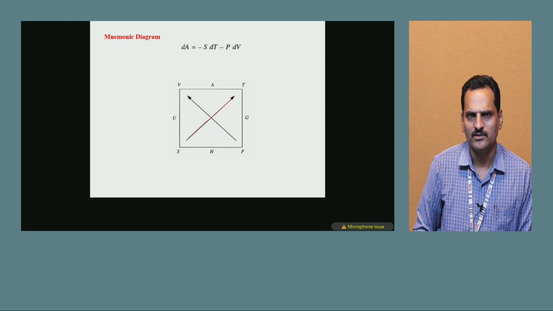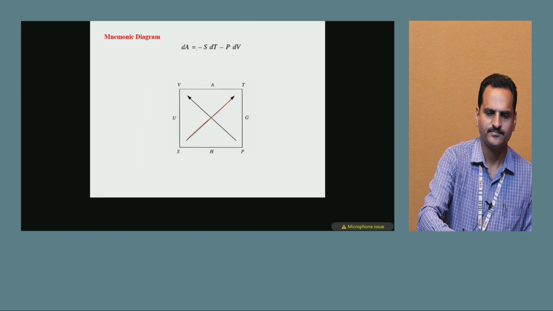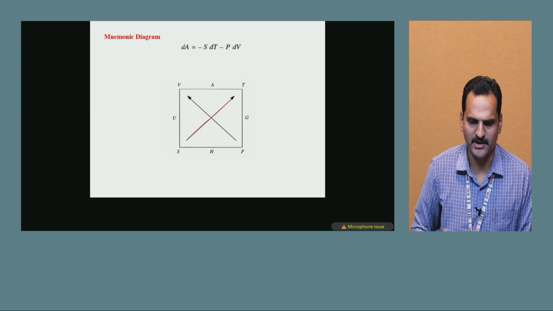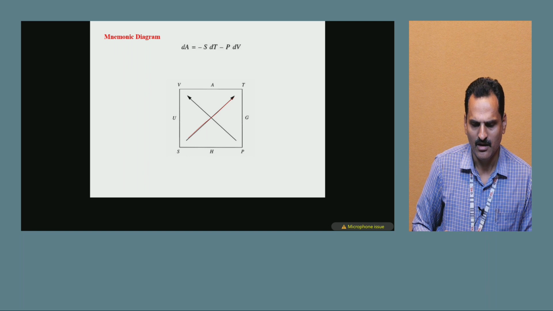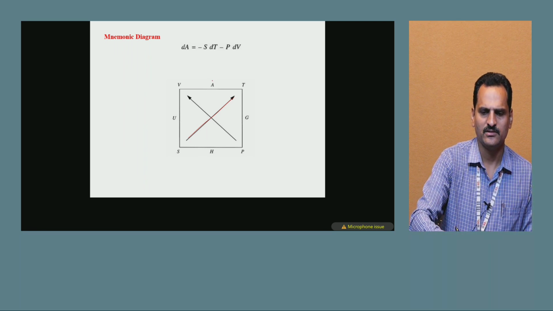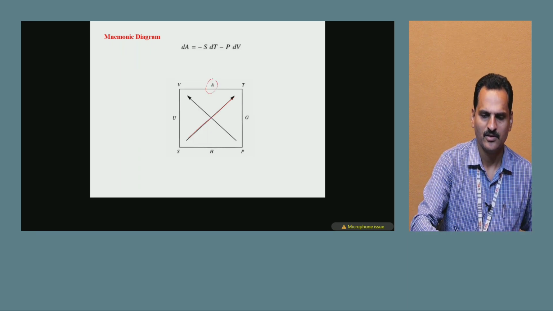So we know the third fundamental property equation, in terms of the differential form of Helmholtz free energy, dA is equal to minus SdT minus PdV. Okay, how to write down this one? dA is equal to minus SdT.